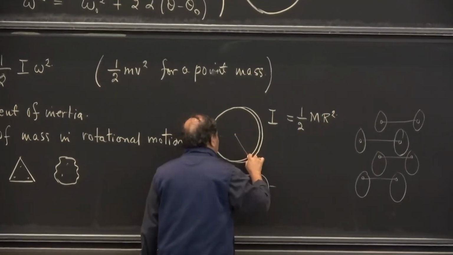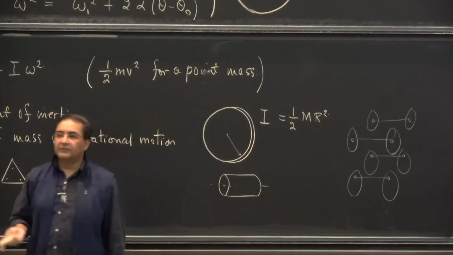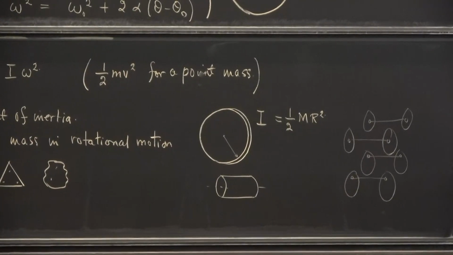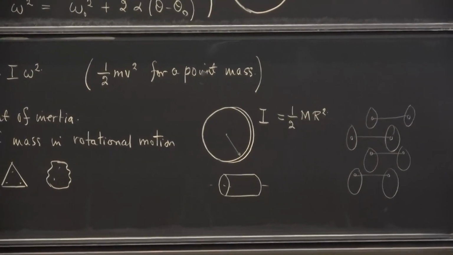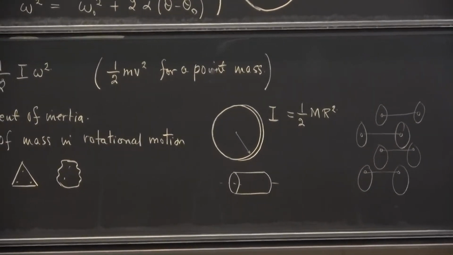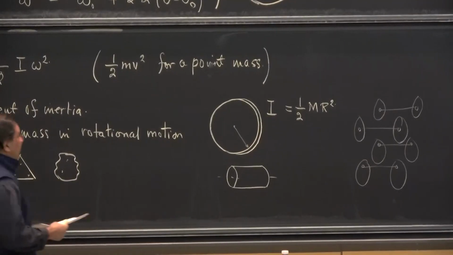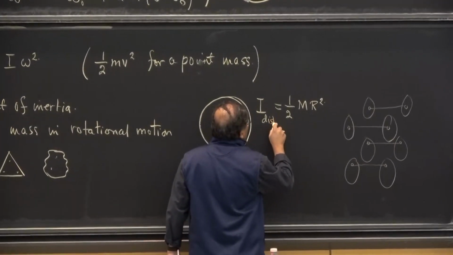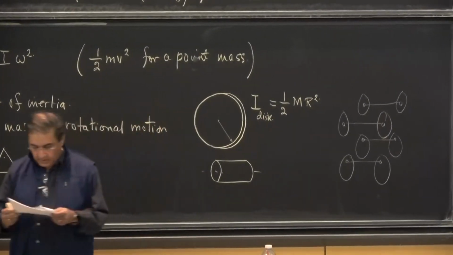If you're not talking about an axis through the center, you'll have to calculate what the moment of inertia is, and I'll come to that in a minute, maybe in more than a minute. So for a disk, it's very, very simple, and it's 1/2 mr squared.